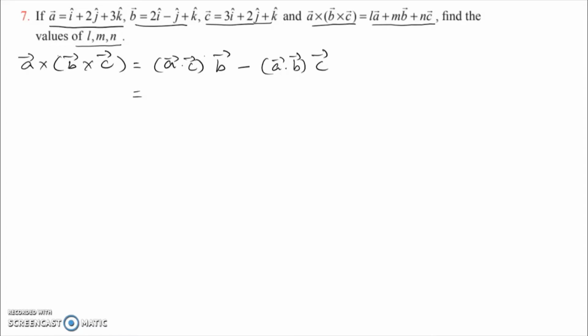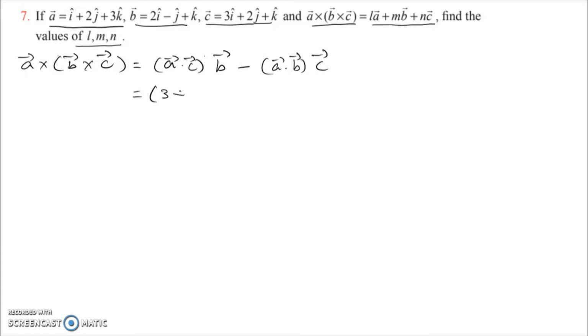So to find A dot product with C, you need to multiply the coefficients of the I, J and K and add them up. So the coefficients of I are 1 and 3 for A and C. So it's 3.